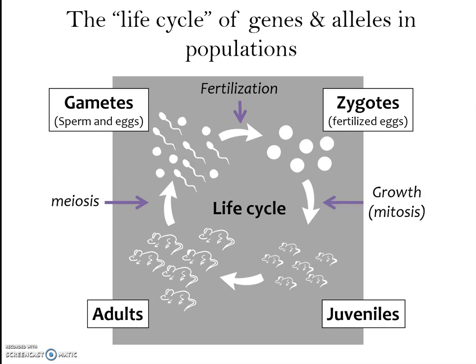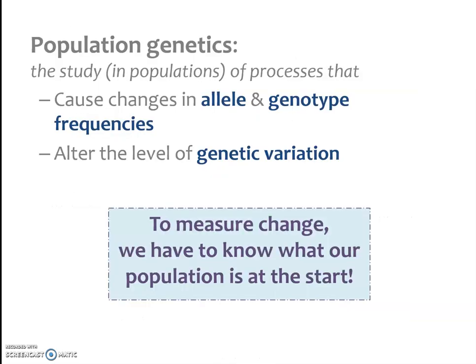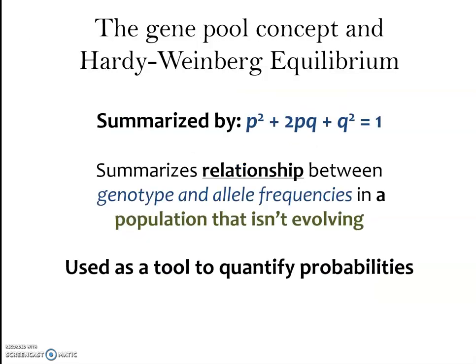They grow up into juveniles, and juveniles grow up into adults. And if no outside forces, if no evolution is happening in this population, we just expect to spin around and around and around this life cycle with no changes in allele frequencies. Okay, so we're going to get to this idea of establishing a baseline.